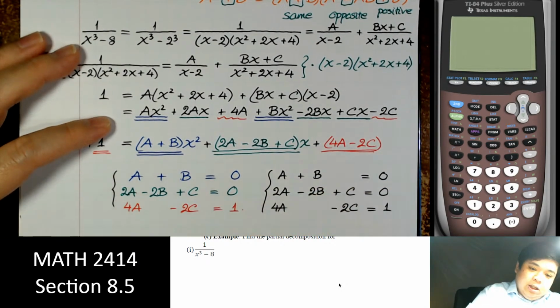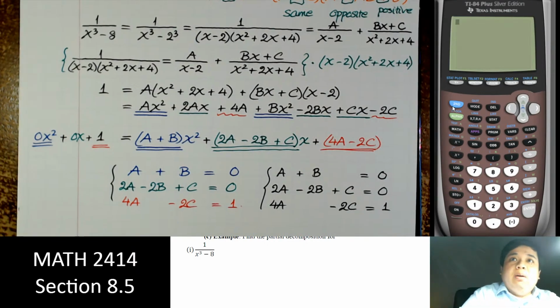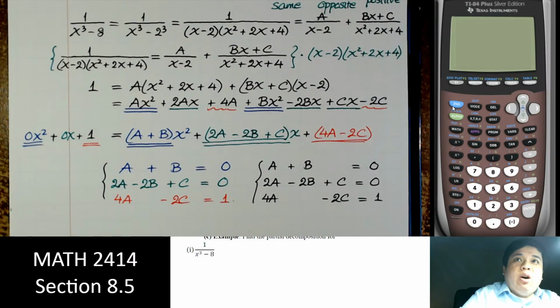Now all I do is just do this. We're going to solve the system of equations. I assume that you know this already. This is called using the linear algebra method, reduced row echelon form.